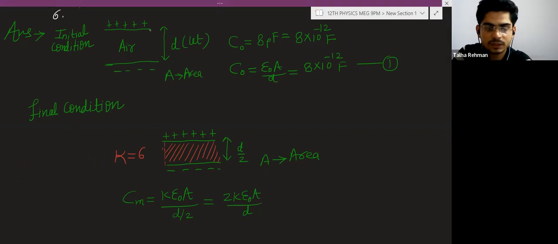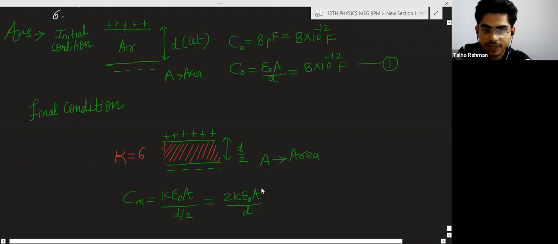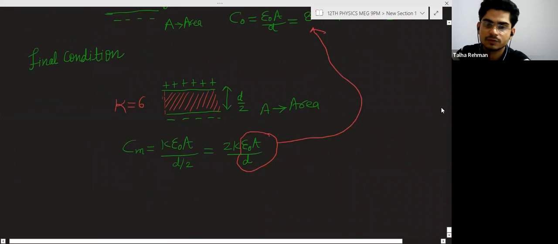And look, Hamza, we have epsilon naught A by d. What is epsilon naught A by d? This. So I can put 2, and the value of k is 6. Epsilon naught A by d is 8 into 10 to the power minus 12.